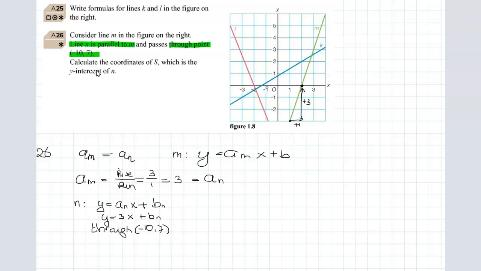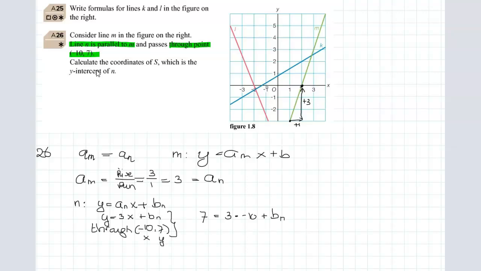And if I combine that with what we already have of the formula, I know that when x is -10, my y has to be 7. If I fill that into the formula, the y has to be 7 if x is -10, so 3 times -10 plus b, the y-intercept of line N.